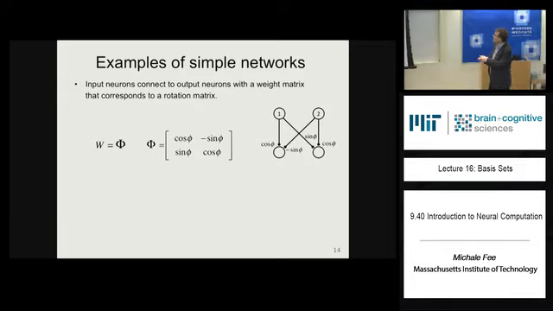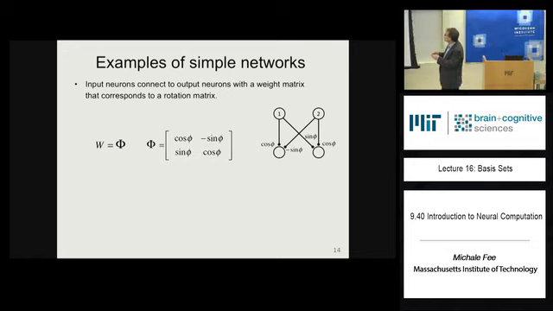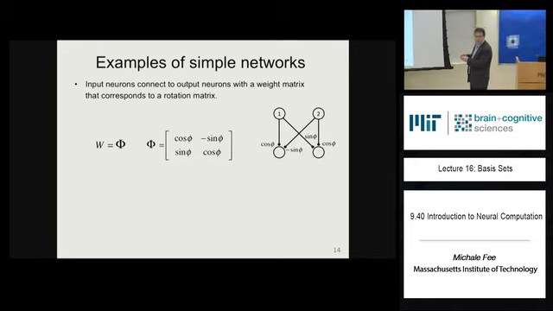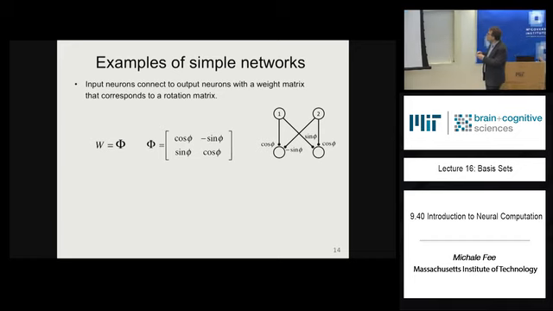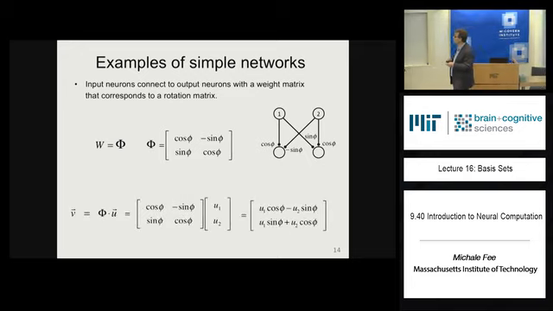So this weight matrix corresponds to this network, where the projection from input neuron 1 to output neuron 1 is cosine phi, input neuron 2 to output neuron 2 is cosine phi, and these cross connections are plus and minus sine phi. Okay, so what does that do?